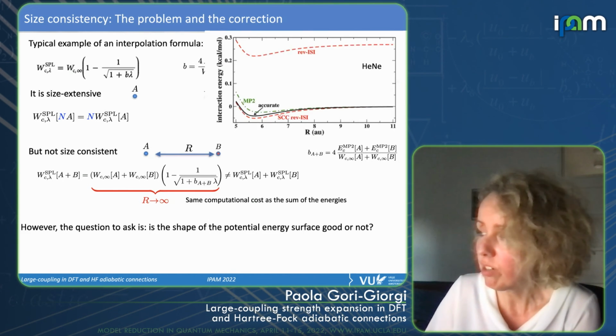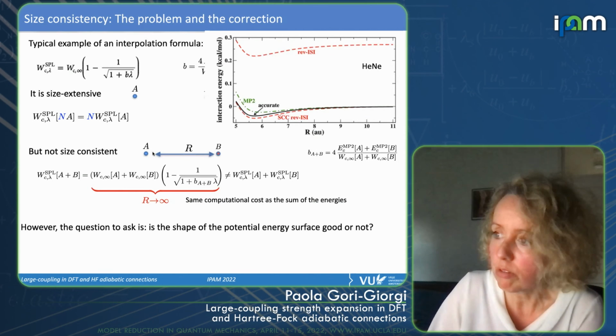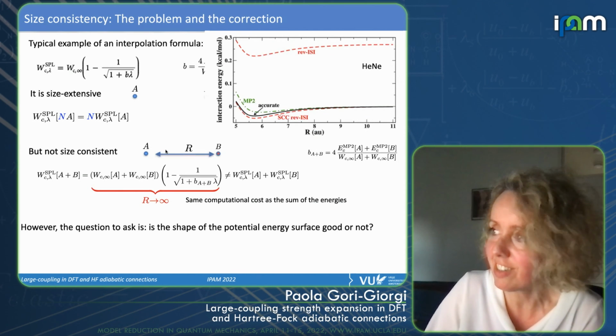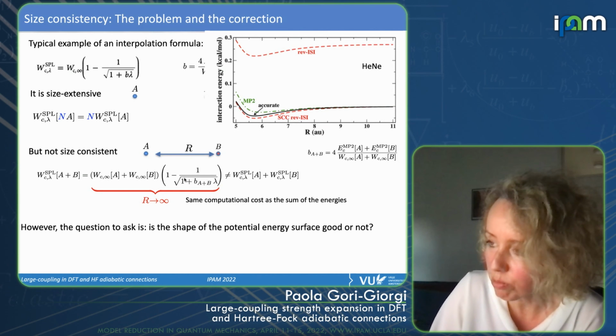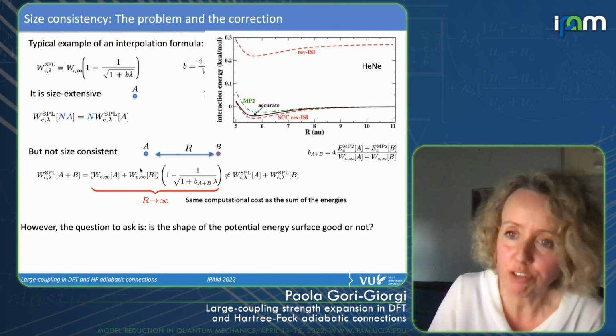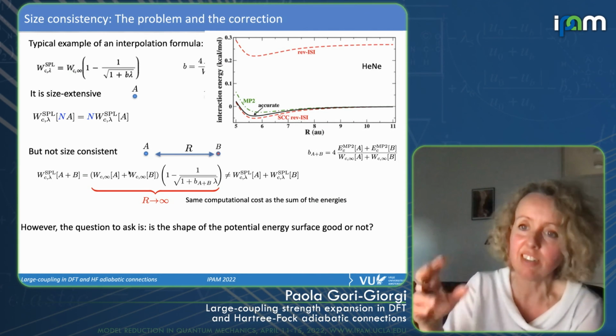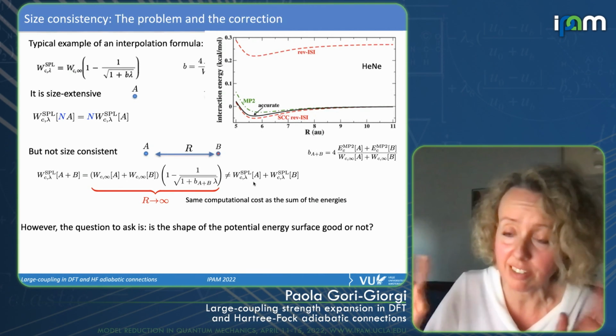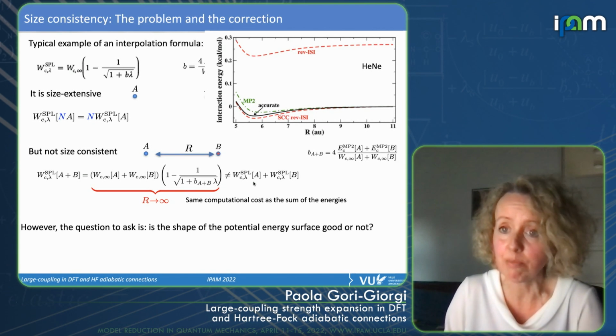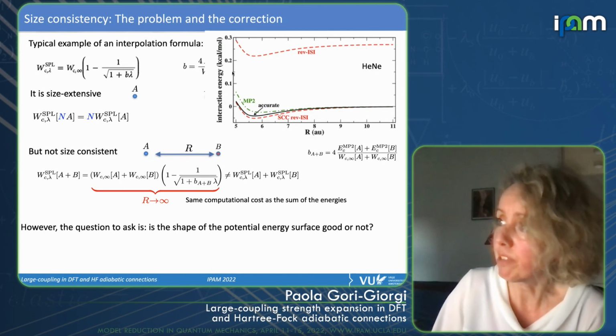And essentially, if you go to infinite distance, it's very easy to compute the asymptotics, because you just have to put inside the nonlinear form the sum of the ingredients, instead of having a sum of nonlinear forms applied separately to the two systems. So here is an example.